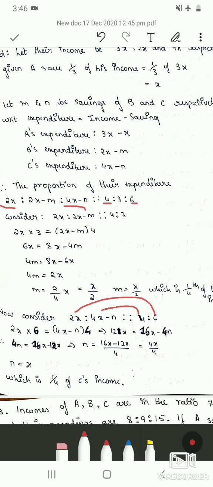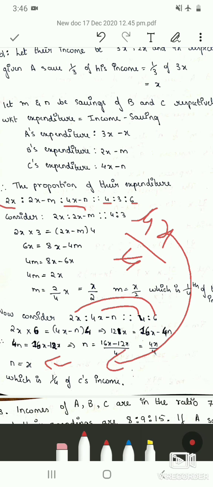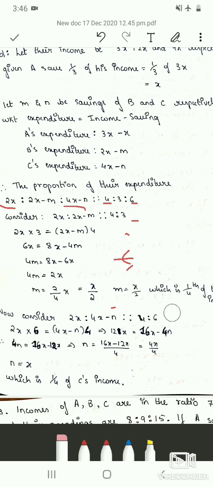Then multiply and solve for N and you'll get N as x. Again we know income of C is 4x and 1/4 of C's income is nothing but x. So therefore C saves 1/4 of his income. So we have shown the required answer.